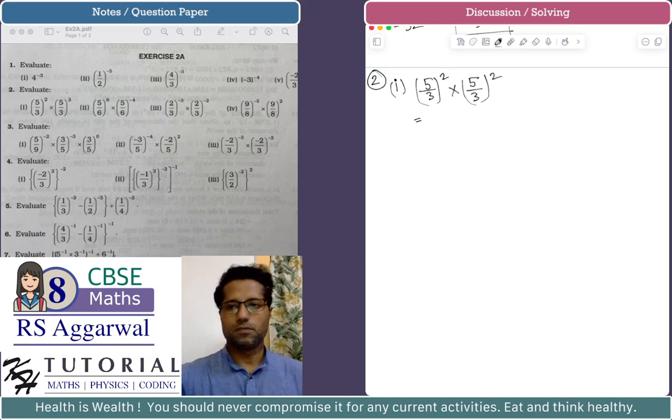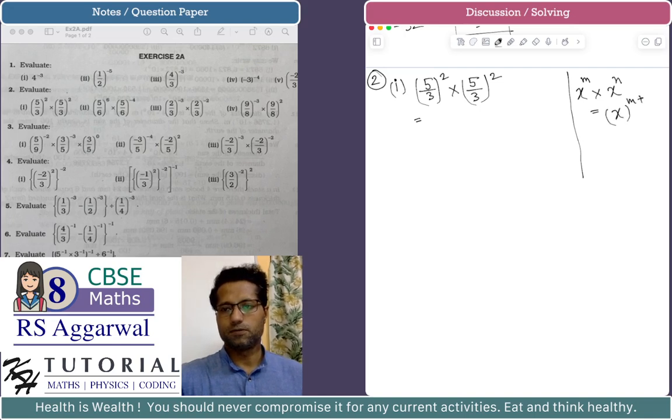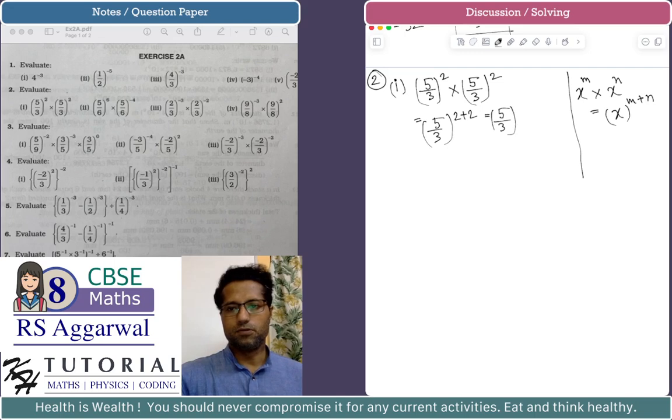We know that for any non-zero rational numbers x and y, x to the power m multiplied by x to the power n will be equal to, the base will remain same, but the powers will add up, m plus n. So we will have 5 by 3 raised to the power 2 plus 2. This is equal to 5 by 3 raised to the power 4.